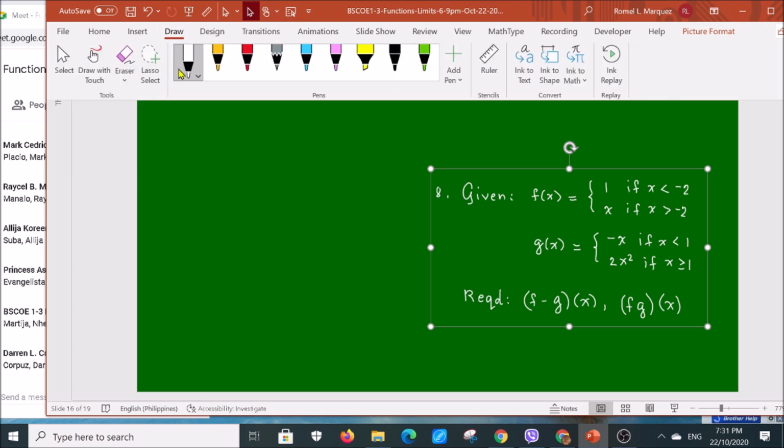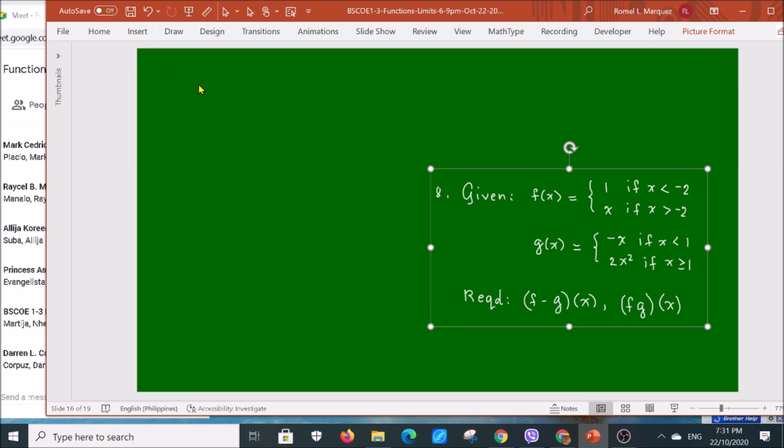First, we want to know f minus g. Solution. What is f minus g of x?